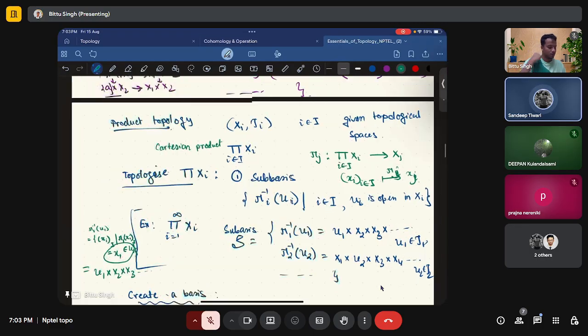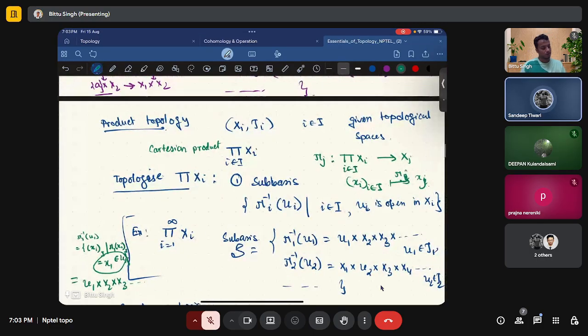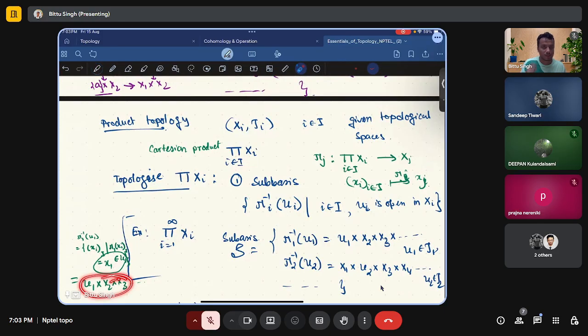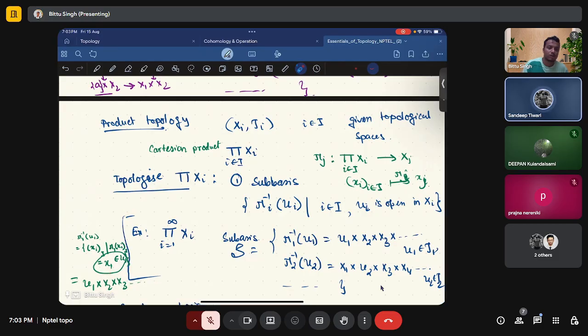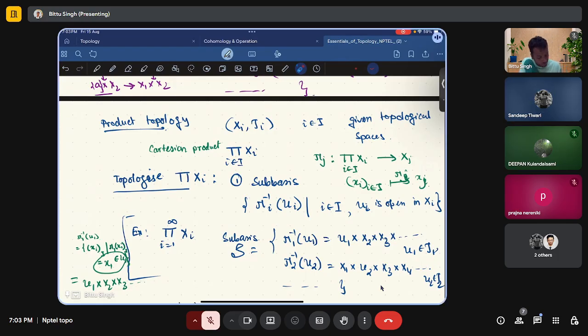So it will be a subset of u1 cross x2 cross x3? It is not just a subset, it is exactly this. We have to prove the other side, sir? Yes. If you take a point which does not belong to this set, it cannot map to an element of u1.